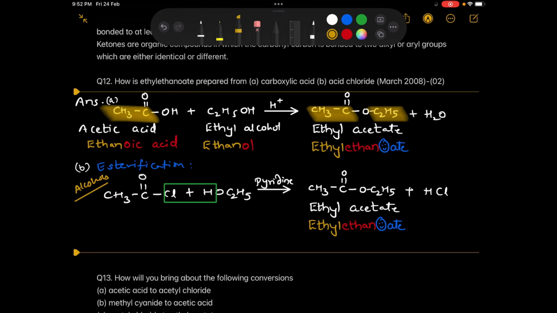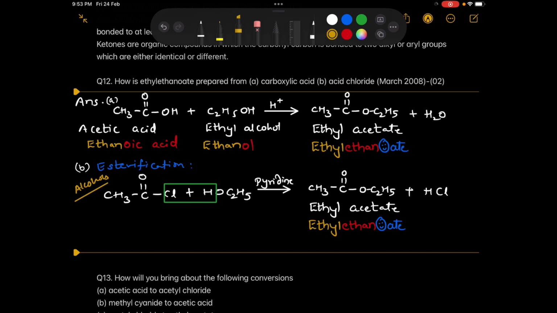So the carboxylic acid has to be acetic acid with the 2 carbons and the other reactant has to be ethyl alcohol with the 2 carbon atoms. So these two react in the presence of acid as a catalyst and we get the formation of ethyl ethanoate and water molecules. See the next one, we have to prepare it from acid chloride.